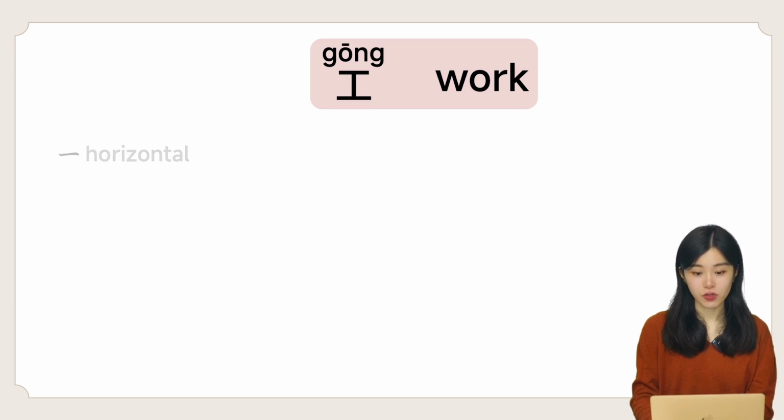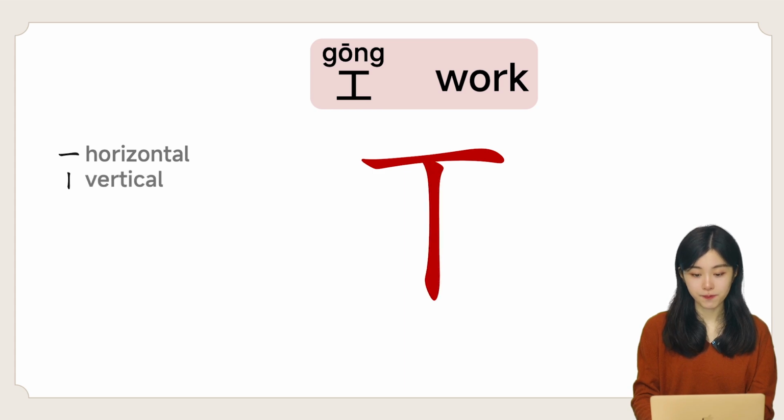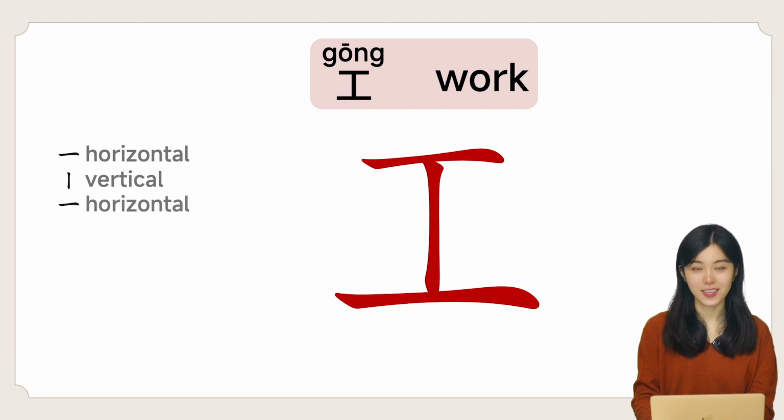The horizontal stroke on the top. Write it from the left to the right. Next, which stroke should we write? Yeah, we write the vertical stroke from the top to the bottom. Finally, we write the horizontal stroke on the bottom. Write it from the left to the right. Okay, great. Please try to write it after me.